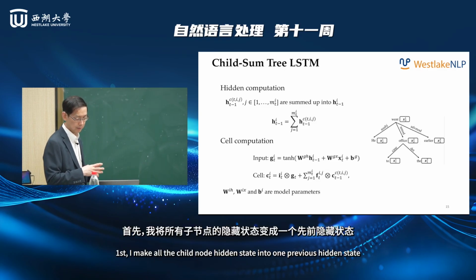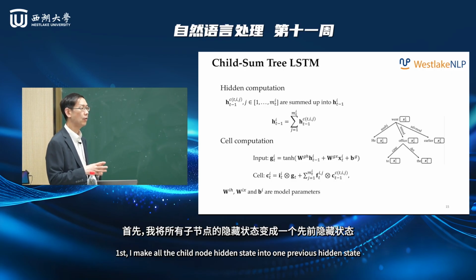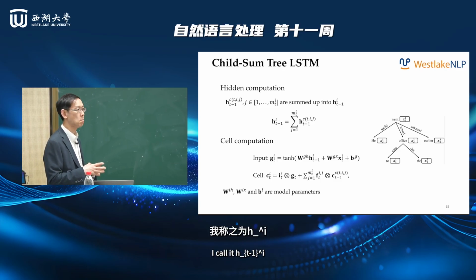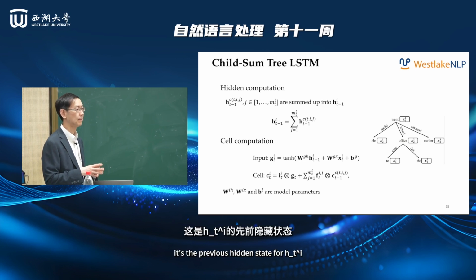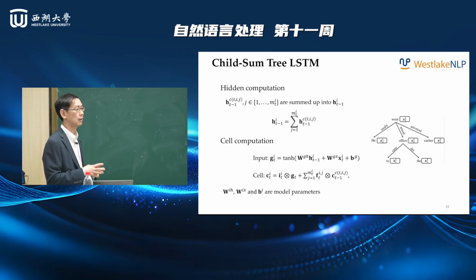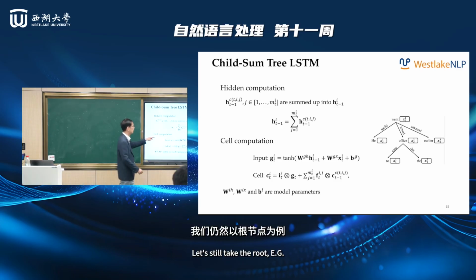So first, I make all the child node hidden states into one previous hidden state. I call it h_{t-1}^i, the previous hidden state for h_t^i. How do I do it? I just simply sum up all the children hidden nodes. Let's still take the root, for example.